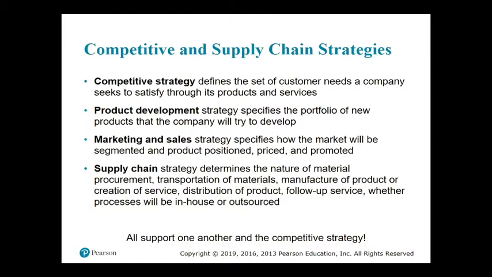How we can achieve that, we're going to discuss later on in the course. And supply chain strategy specifies what the operations, distribution, and service functions, whether they're performed in-house or outsourced, should do particularly well. And each of these functions should support one another and should be in agreement with the competitive strategy.